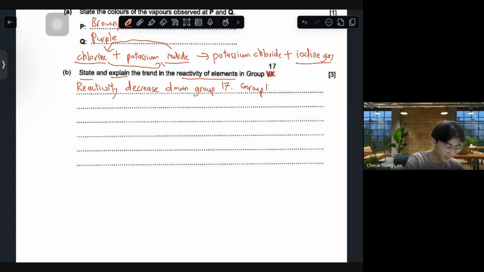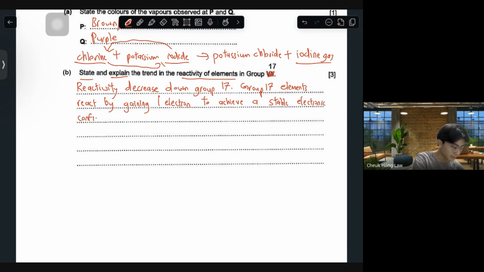So your group 17 elements react by gaining 1 electron to achieve a stable electronic configuration, which is basically a full valence shell.